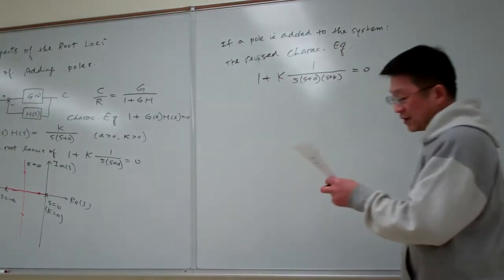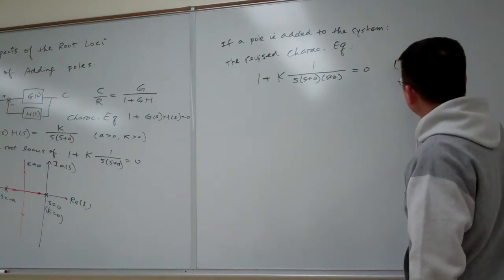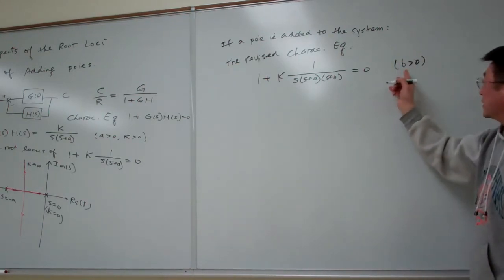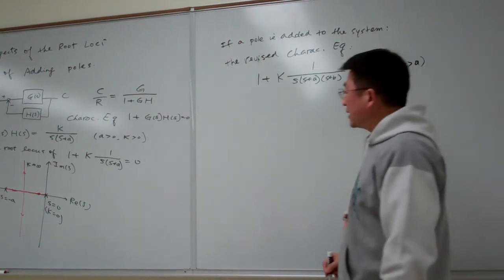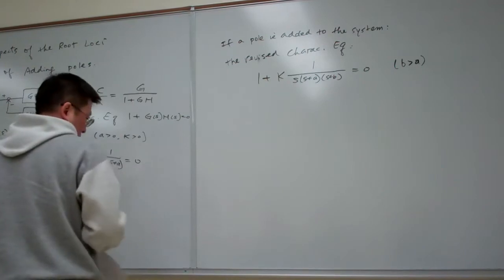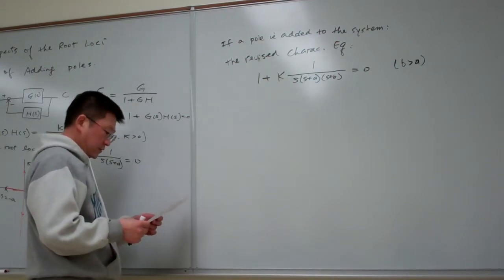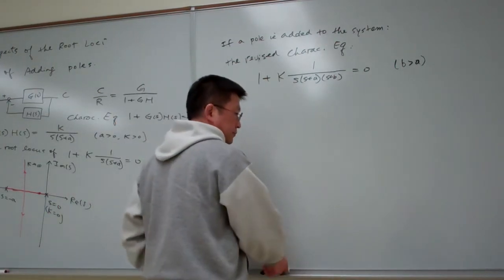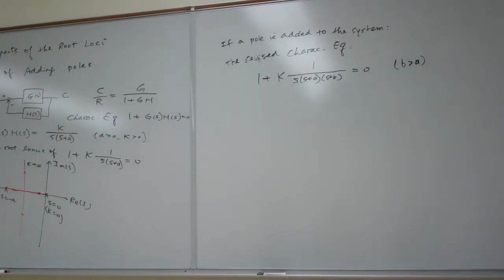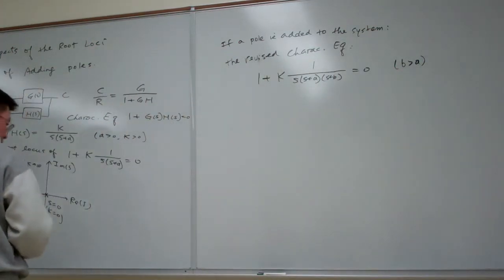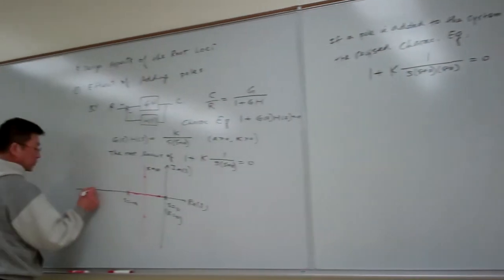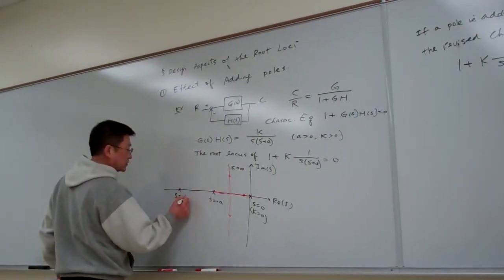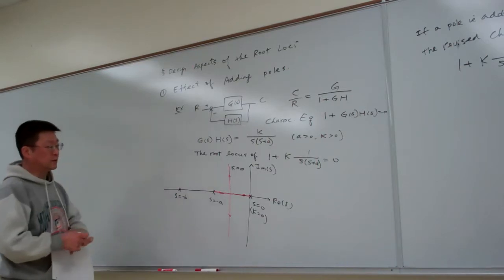Here we assume the added pole b is greater than a. Let me put the two things together on the same graph. For this revised system, the b is here. This is the added pole.